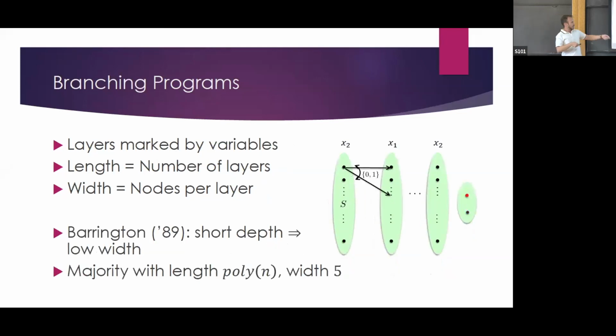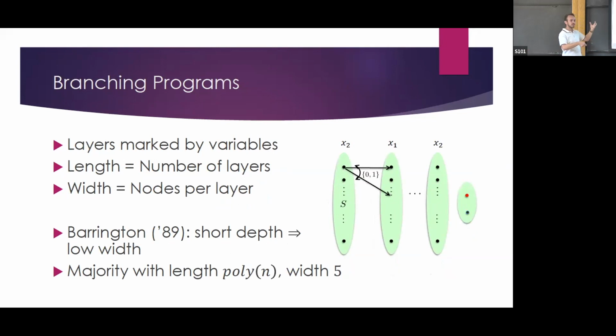And another result that is very important in this field, which is a result of Barrington from 89, is that if you have a circuit with short depth, you can translate it to a branching program with a very low width.